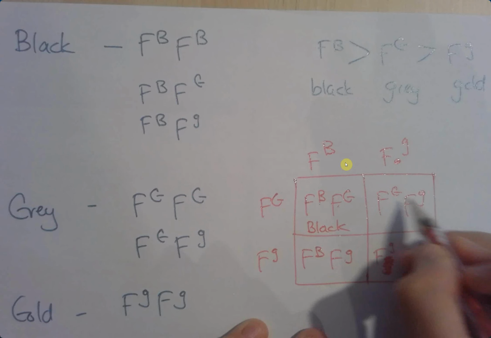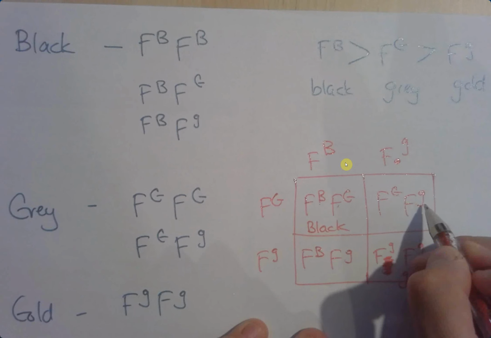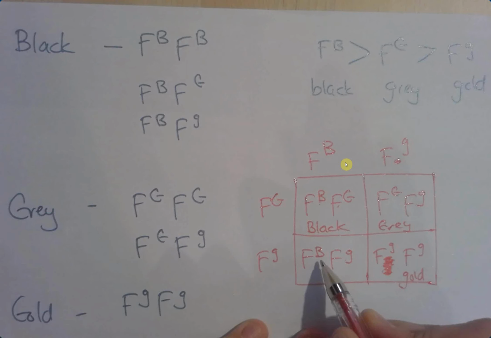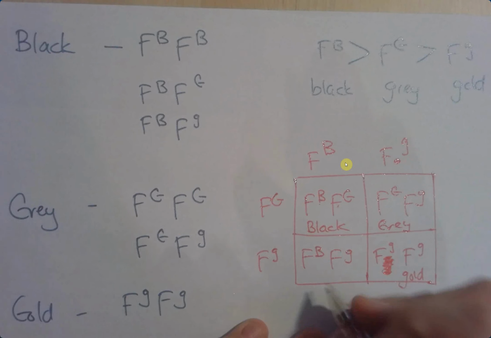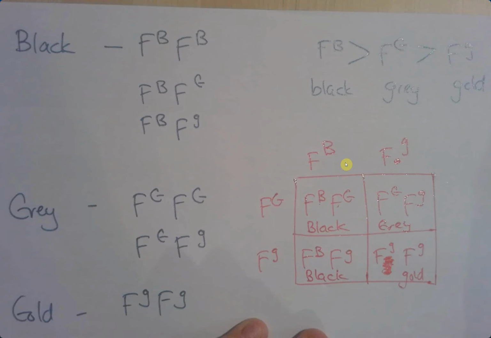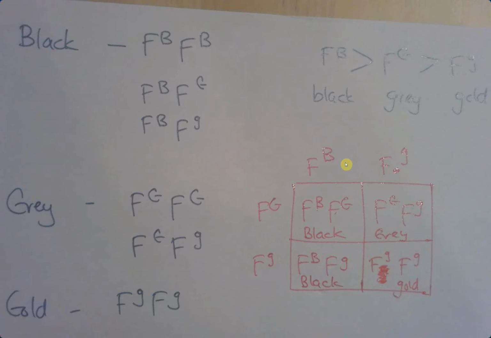This one has the gray and the gold. Gray is dominant over gold, so that gives me a gray offspring. And then this one is black and recessive gold, so that one's black as well. And what we notice is that I have 50% black, 25% gray, 25% gold. And so that's giving me all 3 of the phenotypes from that cross.